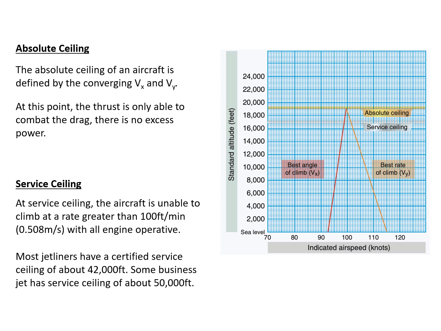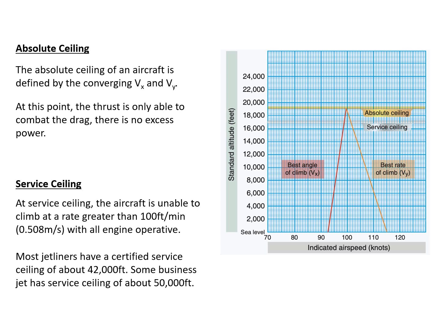In the previous slide, we saw that both gamma and Vc, the climb angle and the climb rate, will decrease with increasing altitude. Now, let's introduce two other concepts, the absolute ceiling and the surface ceiling. In practice, Vx and Vy will also change with altitude.